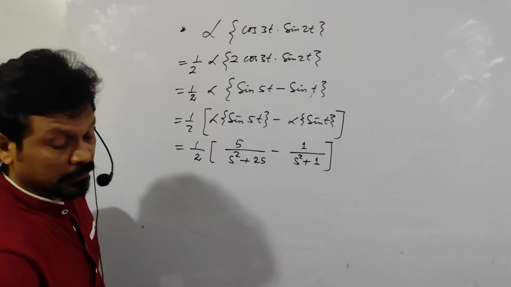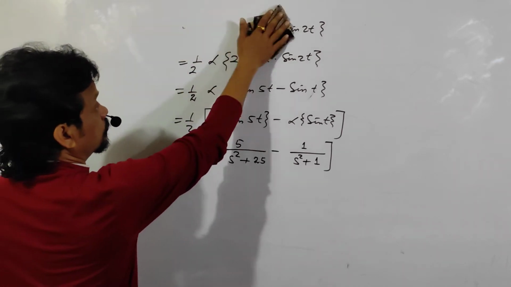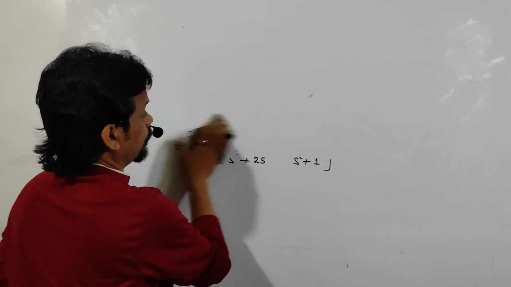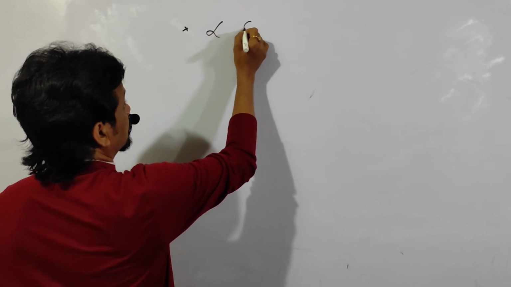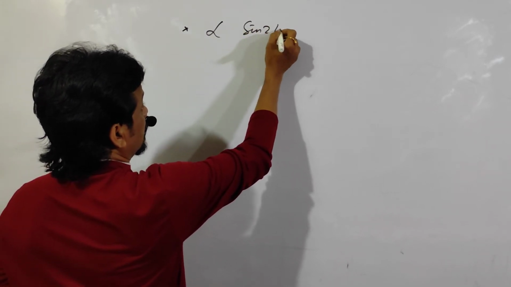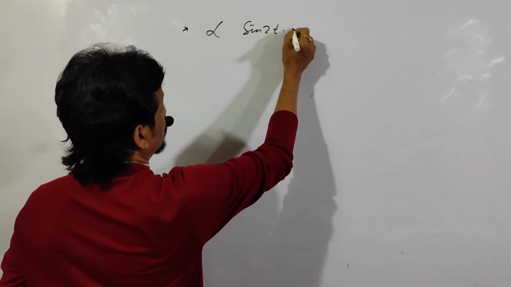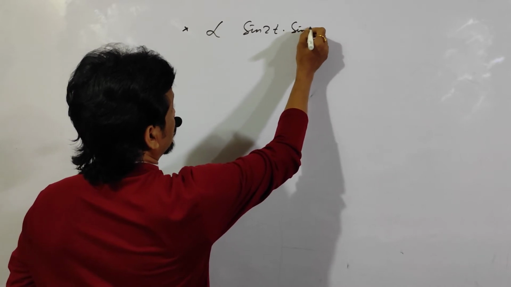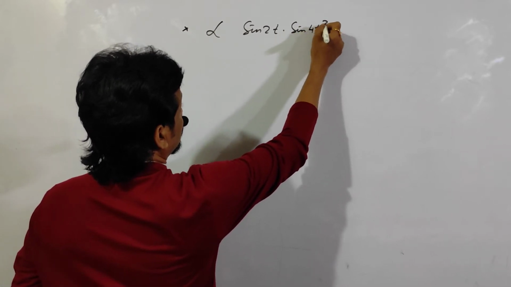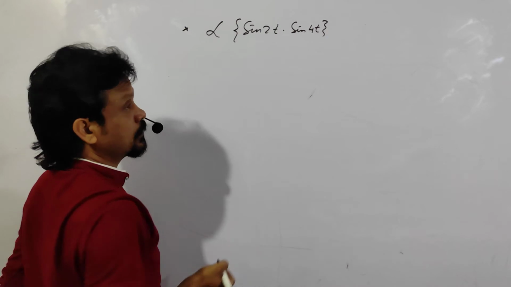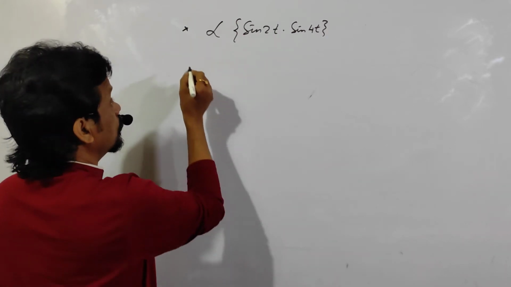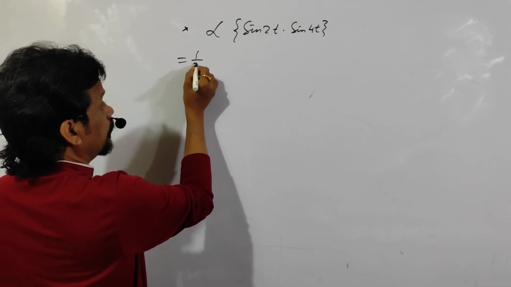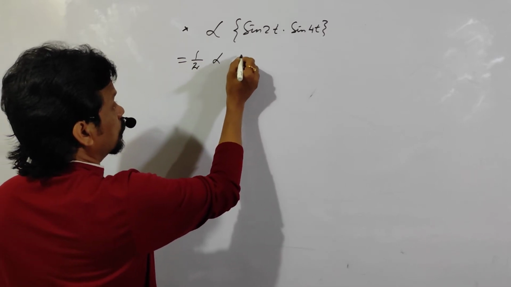Clear? Now another question here. Laplace of sin 2t into sin 4t. So how to solve this one? It is in the form of sin A into sin B. So in the same way I am dividing by 2 and multiplying by 2.